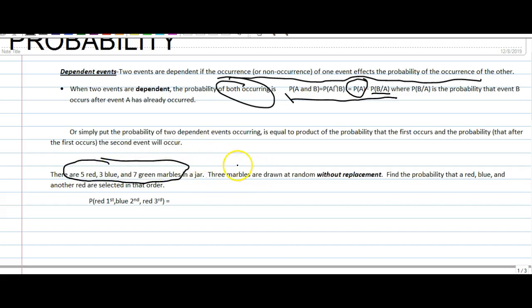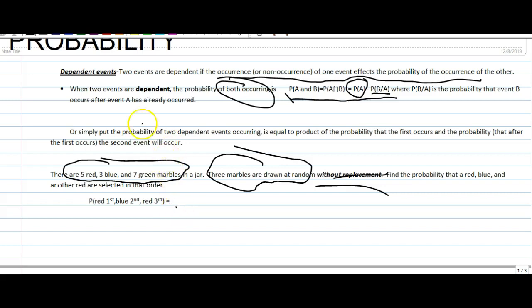And what we're going to do is draw 3 marbles at random without replacement. Now this is very important. Without replacement means that we're not going to put the first marble back before we draw the second one. And likewise, we're not going to replace the second marble before we draw the third one.